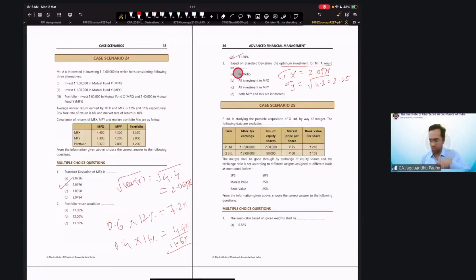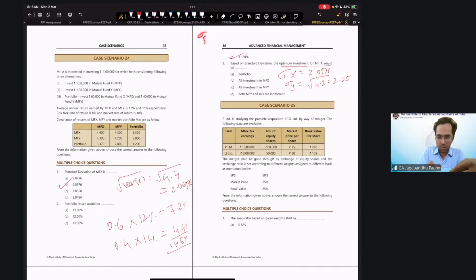I also need to decide whether it should be investment in the portfolio or X and Y individually. So I need to get the portfolio standard deviation. For that we have to use the Markowitz formula.